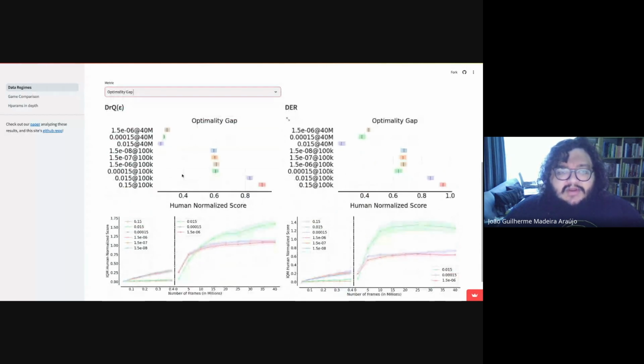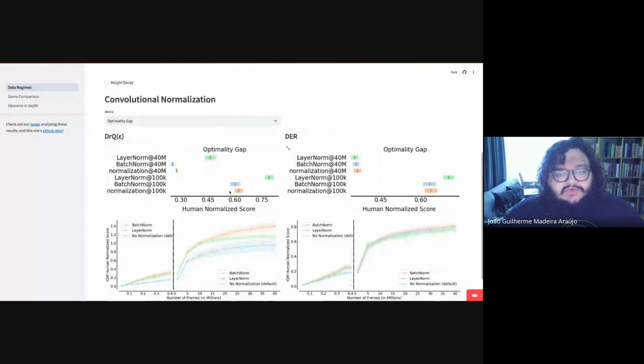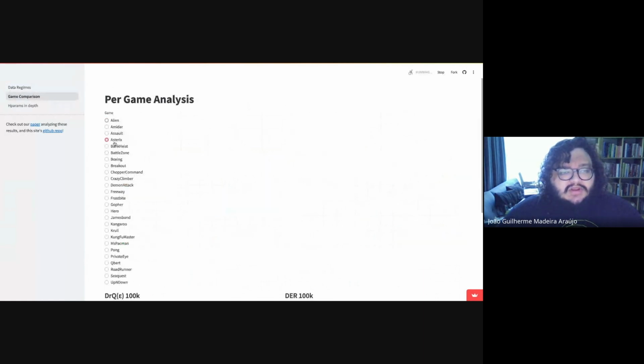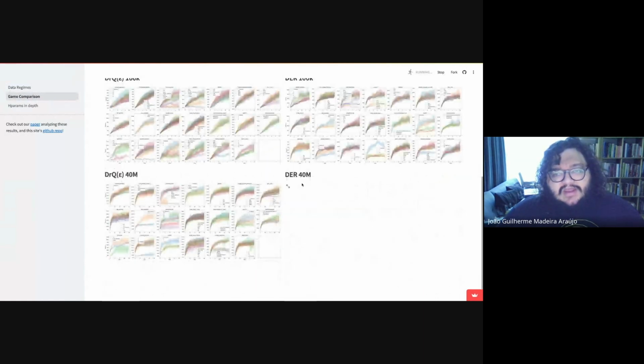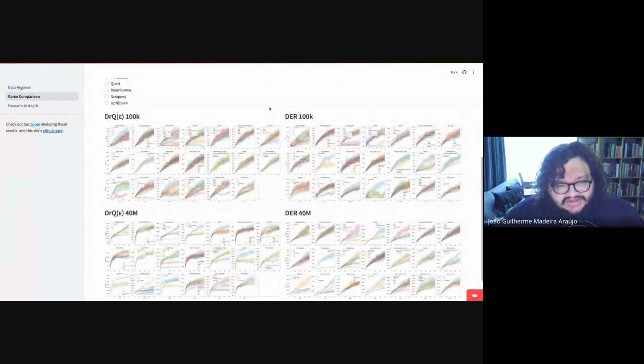Optimality gap. And from here, you can look at the different hyperparameters, and you see results for different agents and different data regimes here. And you can also go to the game comparison, and here you can choose a specific game, and then you can get all the plots for each agent in each data regime, varying every single one of the hyperparameters.